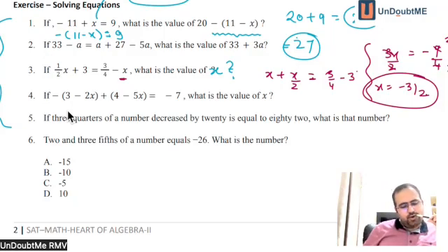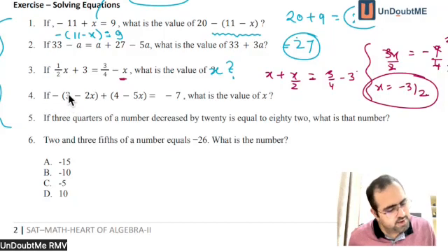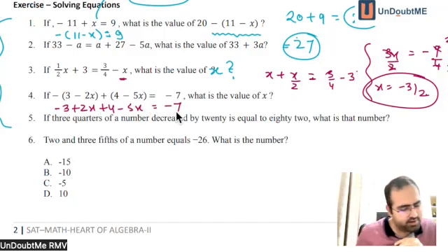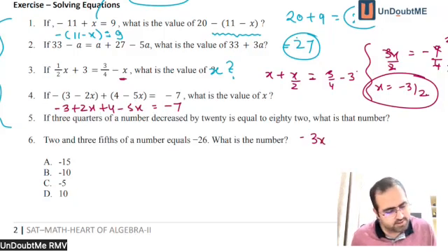Fourth question, 7 over 3. If I open the bracket, it will be minus 3 plus 2x plus 4 minus 5x is equal to minus 7. Now 2x minus 5x is minus 3x.